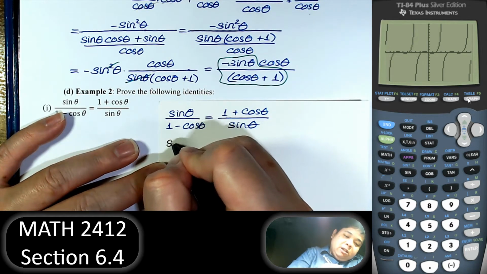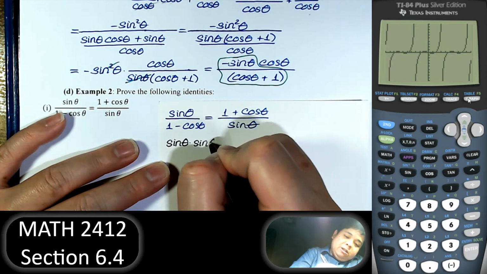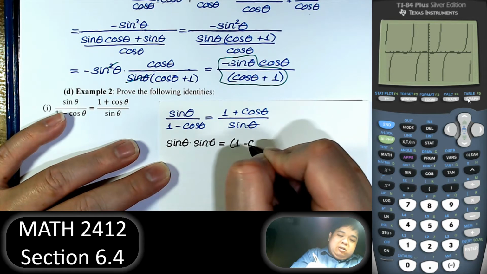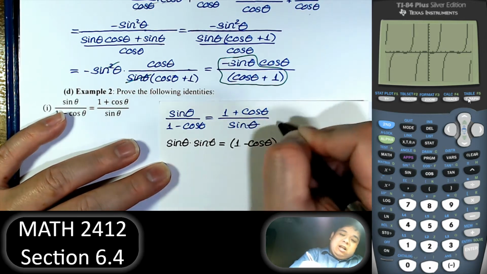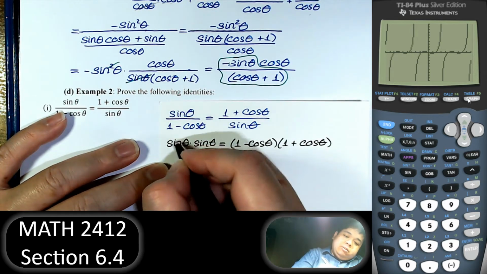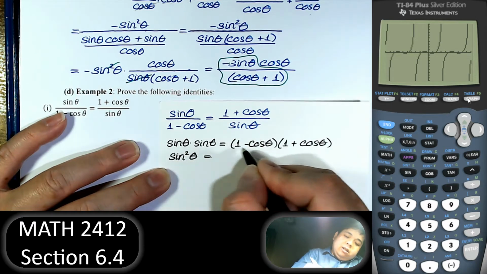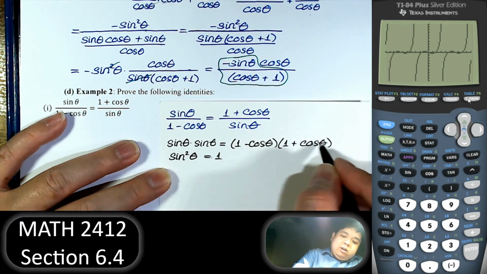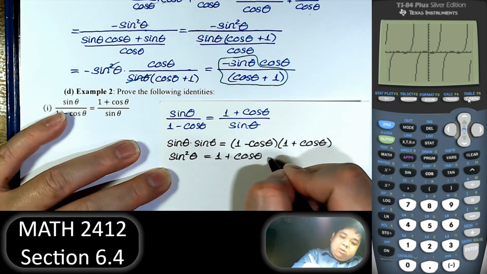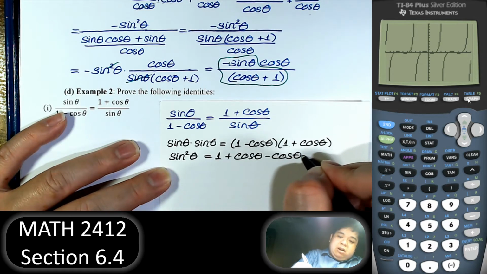Sine times sine, and we have 1 minus cosine times 1 plus cosine. That gives a sine square equal to 1 times 1, and then cosine theta minus cosine theta and minus cosine square.